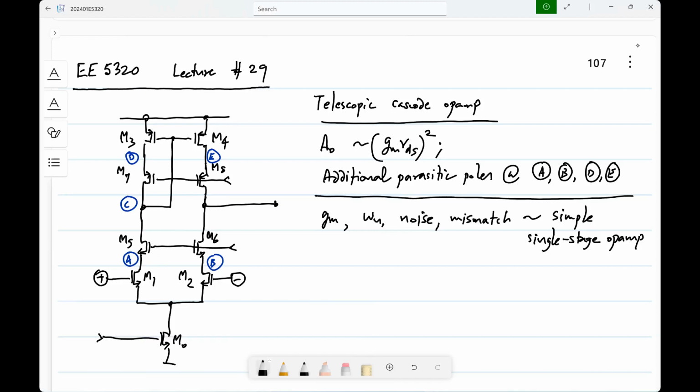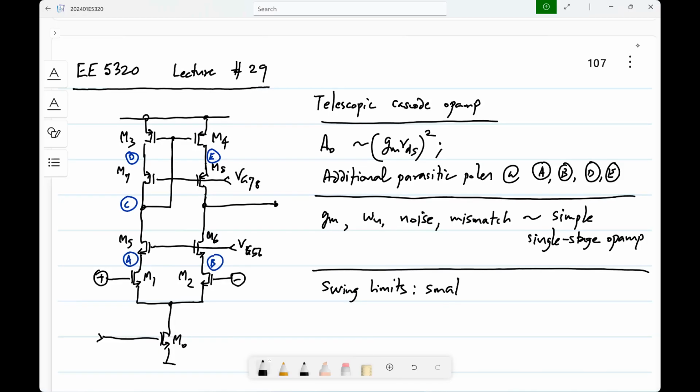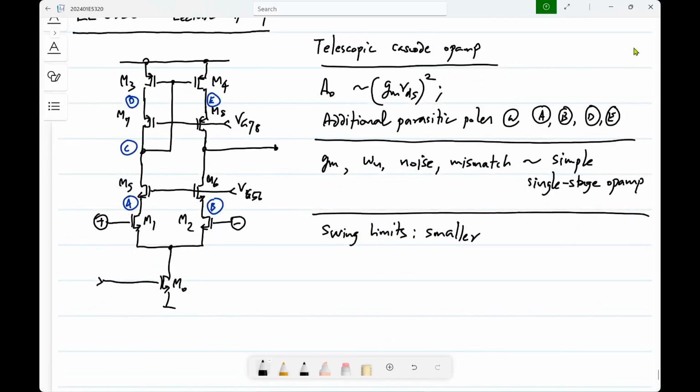So these are the main differences, and of course, the swing limit is always smaller when you use a cascode device. This is expected because you have to accommodate more transistors.